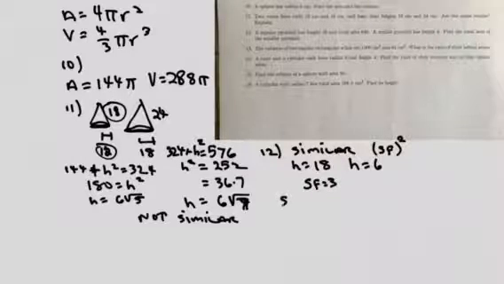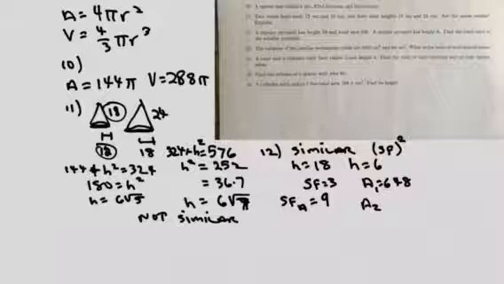And the scale factor of the area is going to be 3 squared, which is 9. So if the area of the first one is 648, then the area of the second one is 1/9 of that. It's smaller than the first one, and that's going to be 72. All right, so that was pretty easy, because we're doing that thing of saying you have to square the scale factor if you're looking at areas. We're going to have to cube the scale factor if we're looking at volumes, etc. Okay, that's that one.